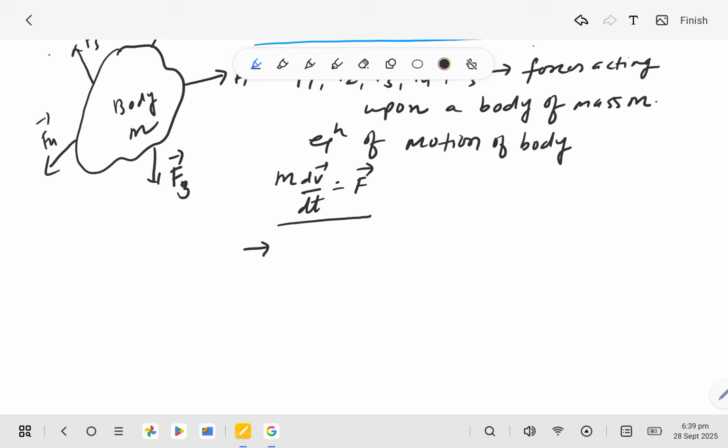If you want to describe the motion of this body, then we need to solve this equation of motion for individual forces.